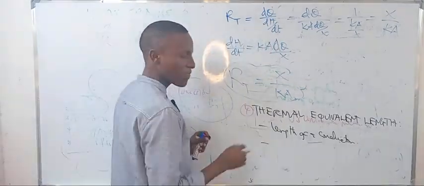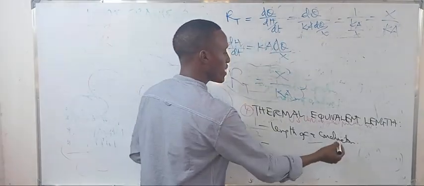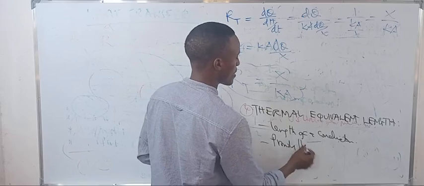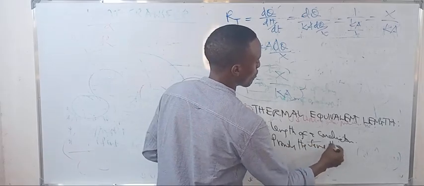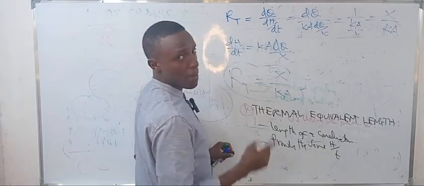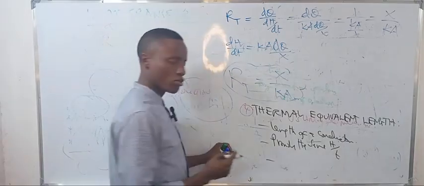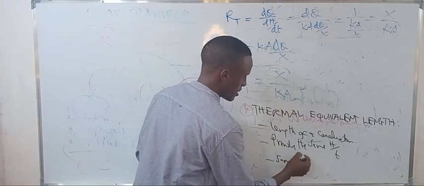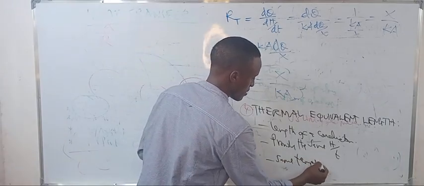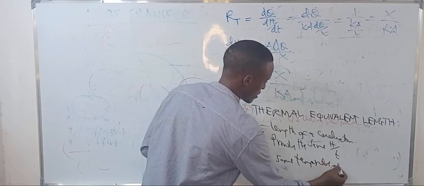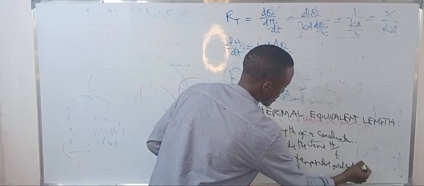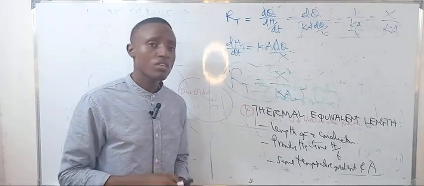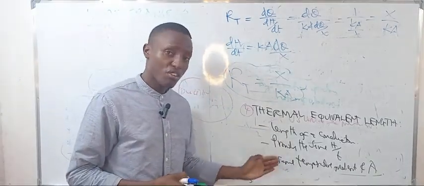The criteria: it should be the length of the conductor providing the same rate of flow of heat per time, under the same temperature gradient and the same cross-section area.